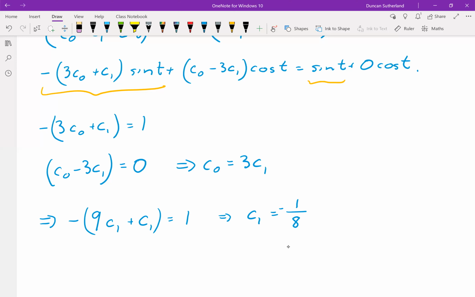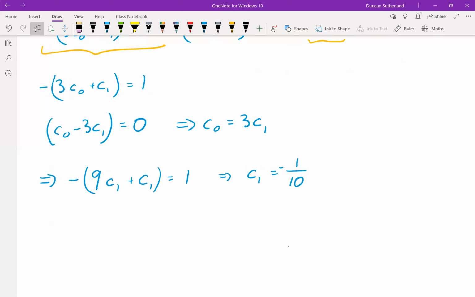Nope. Try again. Yep. And now obviously then C naught is equal to -3/10. Let me just check. Yup, looks good.